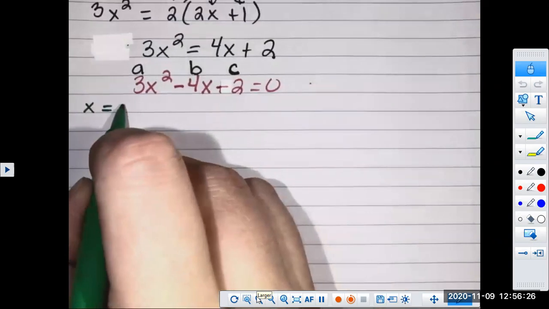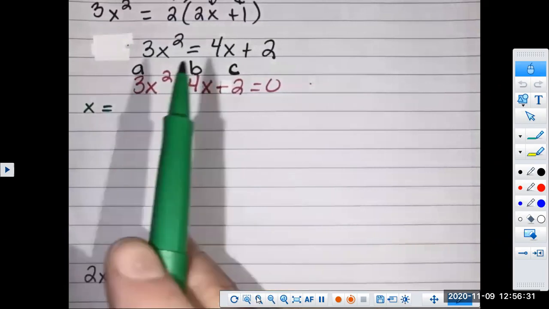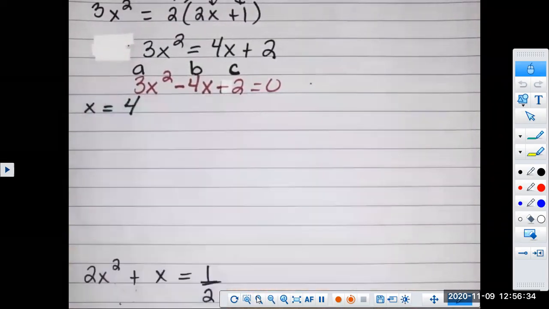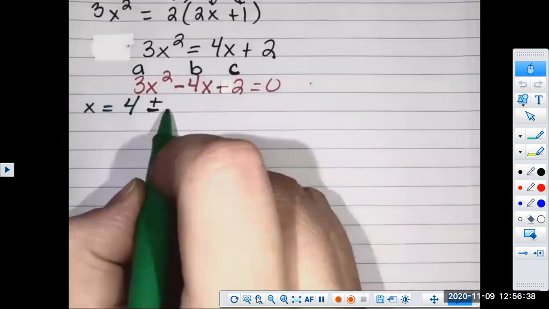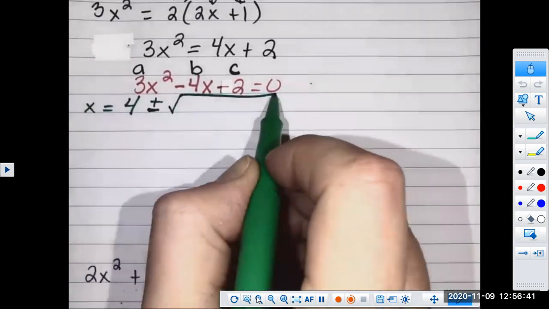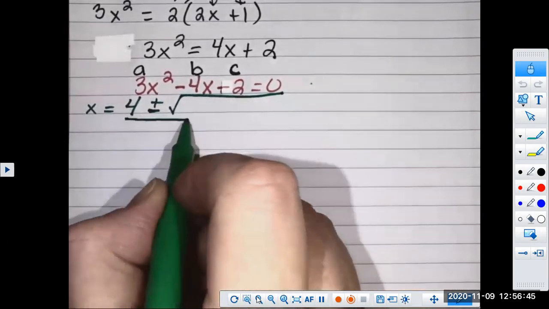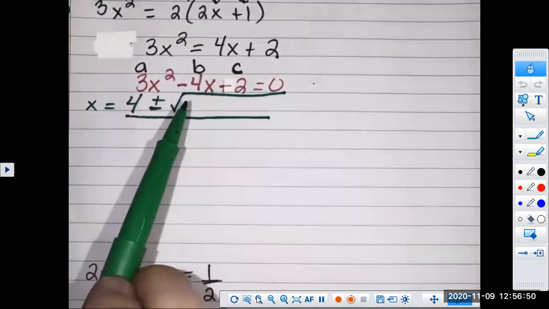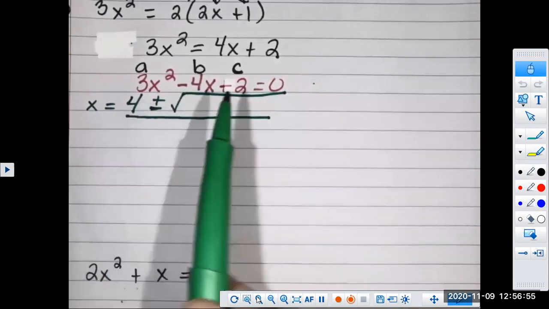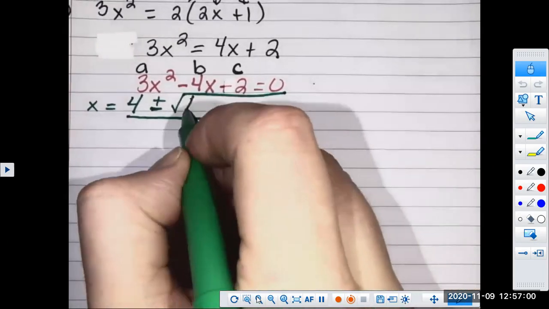So your formula, you have the opposite of B. So B is negative 4. So when you plug in, it's going to become positive 4. Always the opposite of B. That goes first. Plus or minus. Square that number. Always square B. So what goes here? Be careful.